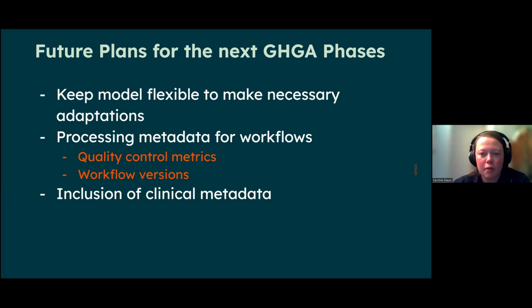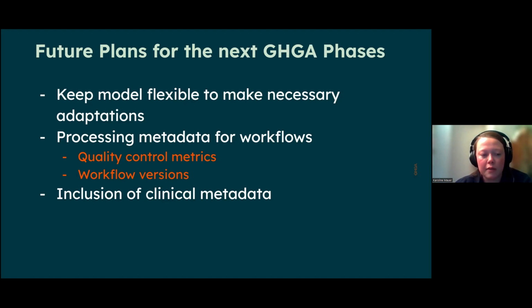Our future plans for the next GHGA phases include that we want to keep the model flexible to make the necessary adaptations as GHGA and the goals are evolving. GHGA wants to offer standardized analysis at one point, and we are thinking about how we can capture the processing metadata for these workflows.